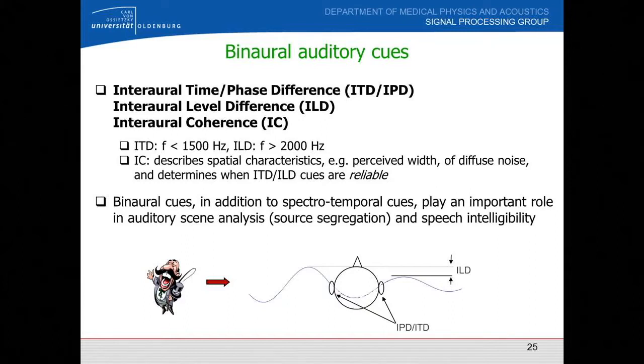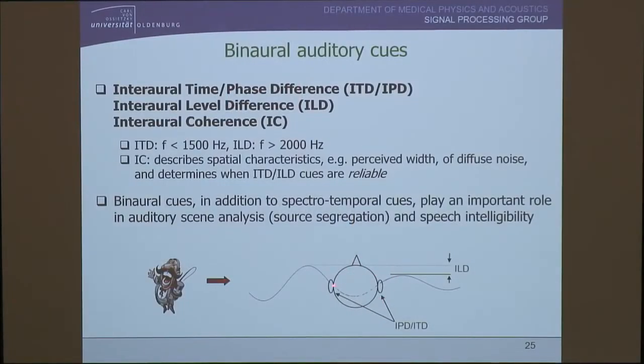And what are these binaural cues? I probably don't have to tell people here, but still, as a recap, for a localized source, for example, this source, this is a person, there are the ITD and ILD cues, so the time difference and also the level difference because of the head shadowing effect.